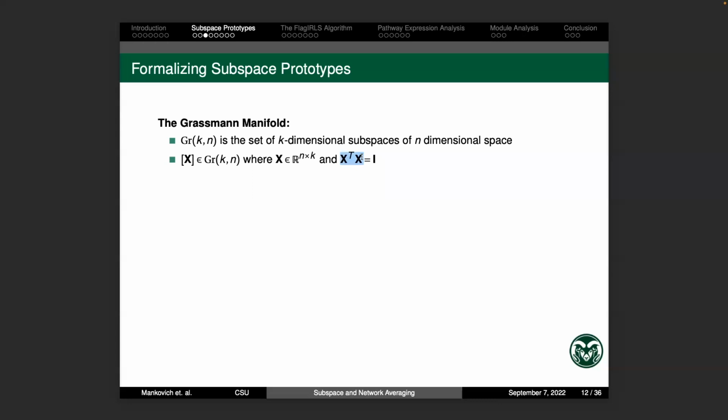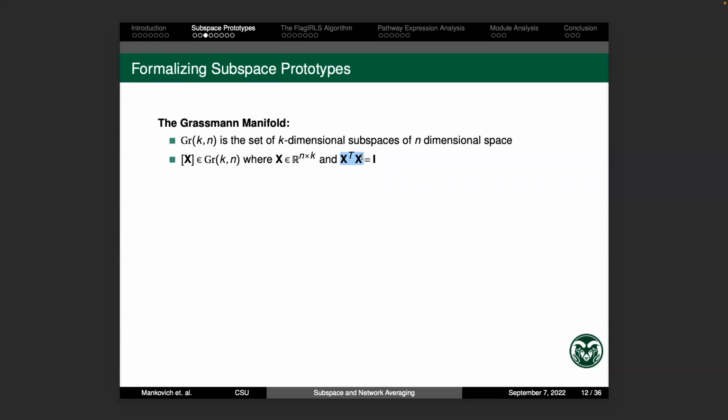So that's the first thing: the way that we're representing points on this manifold is in this manner. And if you think about it, the manifold can be written down as a quotient of two orthogonal groups, depending on what you're dealing with.